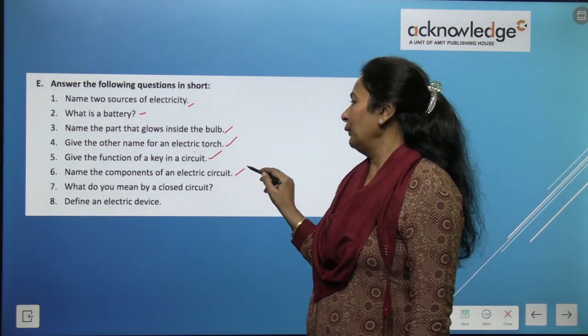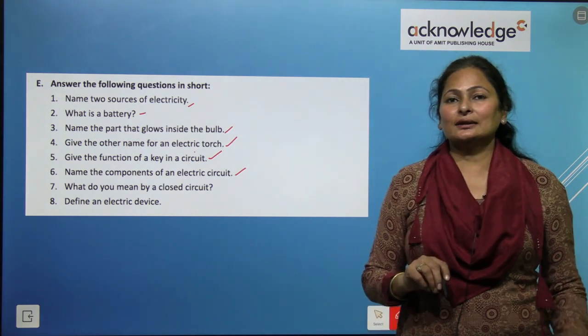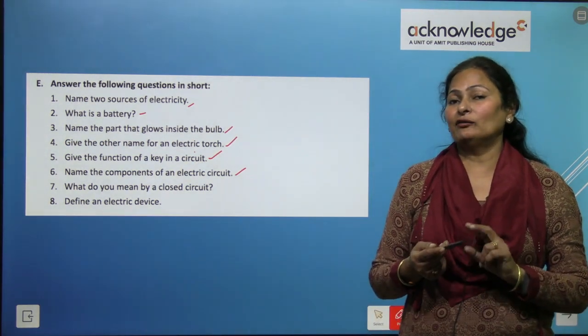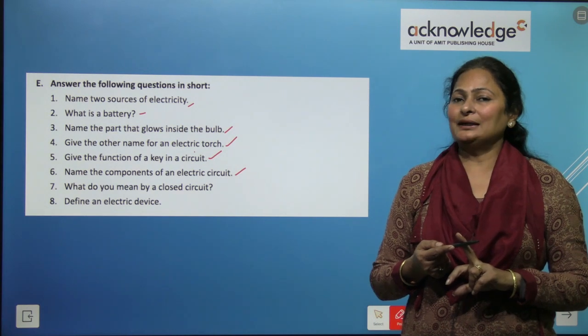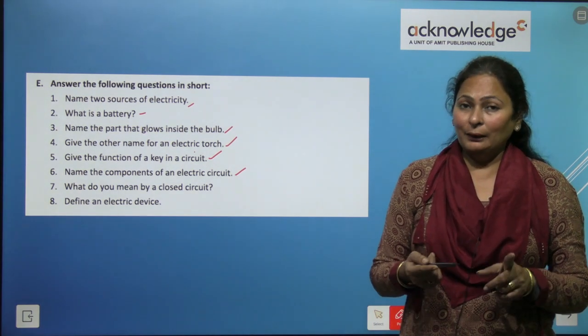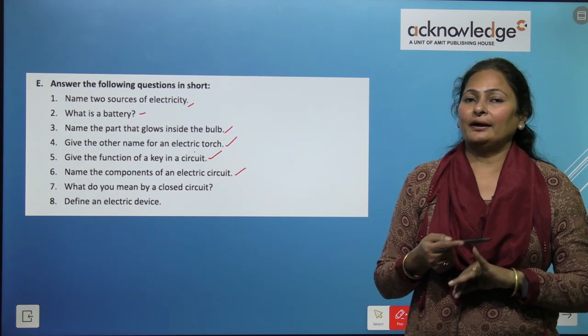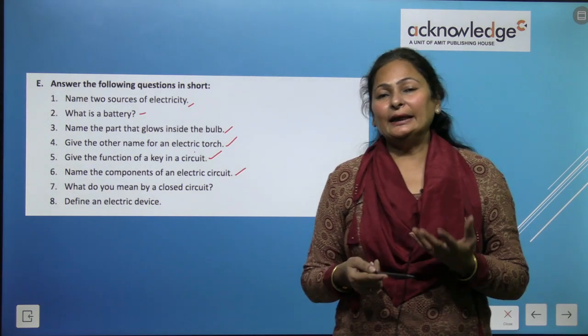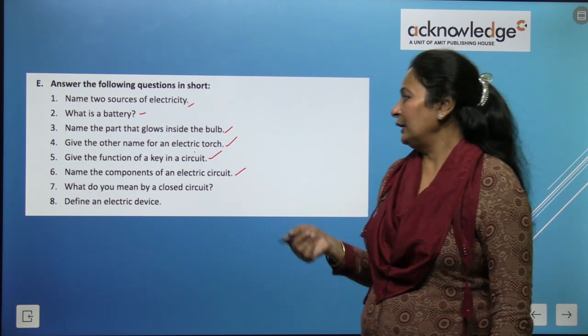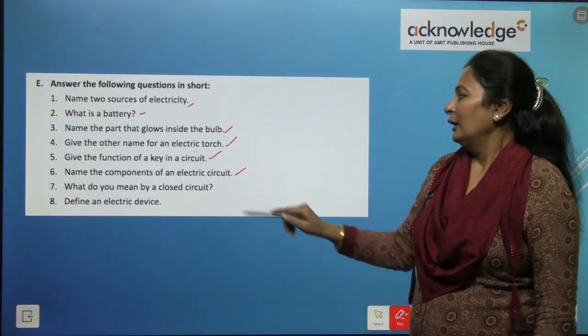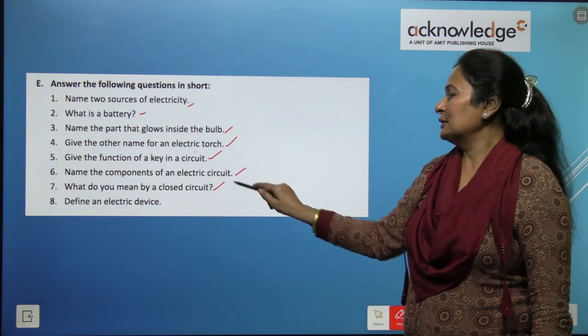Now name the components of the electric circuit. For a circuit to be completed, what are the components? It needs a bulb, wire, a cell or battery, and also a key or button. So what do you mean by a closed circuit?